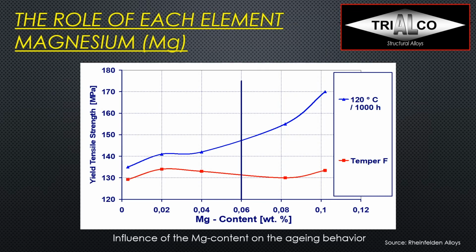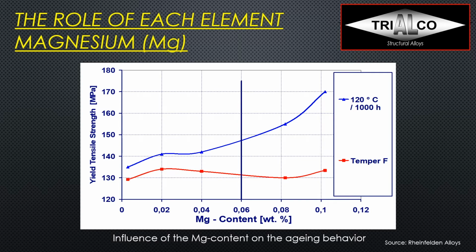Now, if we look at the aging response, you can see this very nicely here: with increasing magnesium content, if the magnesium content is low in F-temper, the aging response isn't much. We can see here increasing magnesium does a little bit, and we're just looking at very low contents up to 0.1%, but see that at 120 C for 1000 hours, so over time, it would age naturally, or if we go to a higher temperature, we can artificially age.